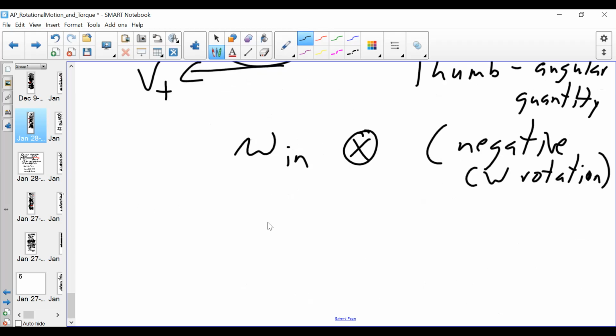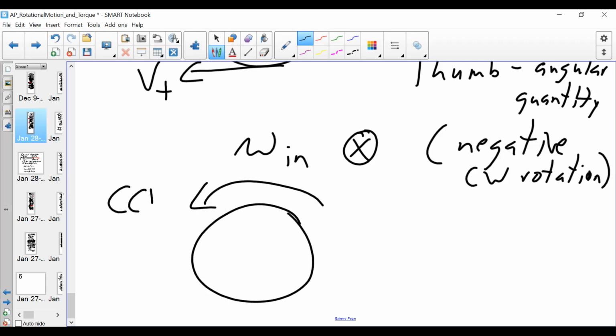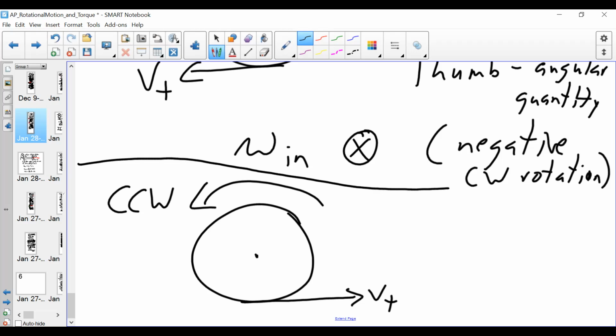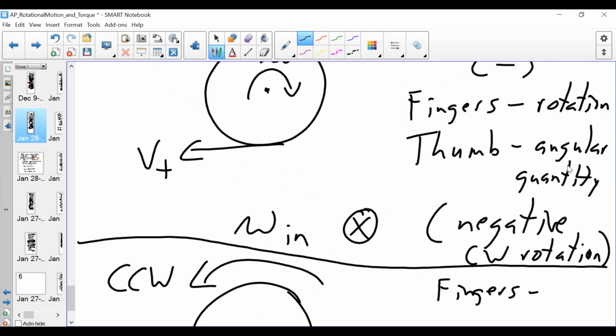Now, if we take the same circle and go counterclockwise, so here again, let's say that our tangential velocity is in the other way, to go counterclockwise all the way around. Again, your fingers represent your rotation.